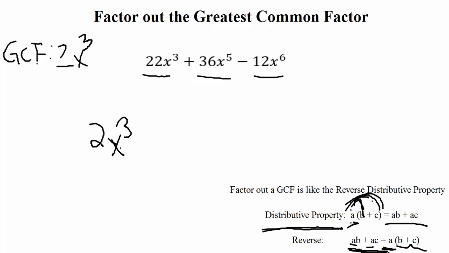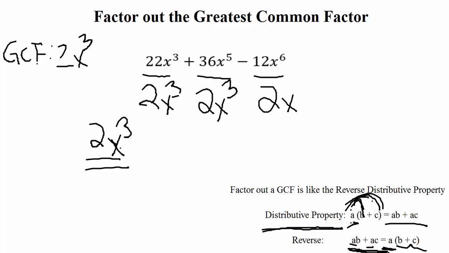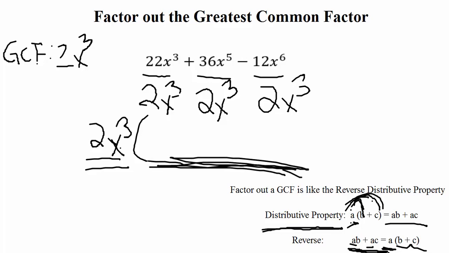So what we do is take this greatest common factor and divide it out of each one of these terms. We're pulling it out of each term, and dividing it out is how we figure out what we would be left with, and that's going to let us know what we have left over.